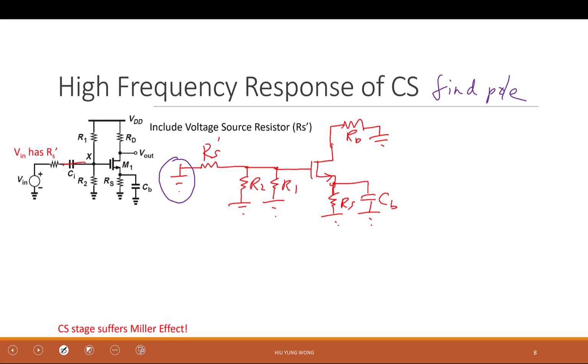Yes. We are using the fast method, right? To find the pole at node S. One of the rules is what? You need to ground all the independent sources, right? So this is ground. Independent source. Okay. So let's remind ourselves, why do I ground this guy? Isn't that connected to VDD? Isn't R1 connected to VDD?